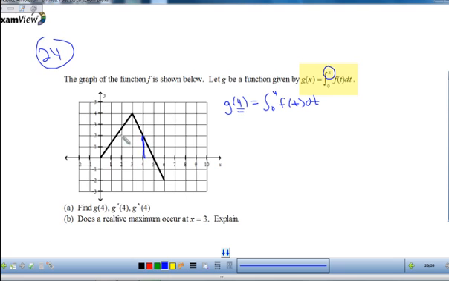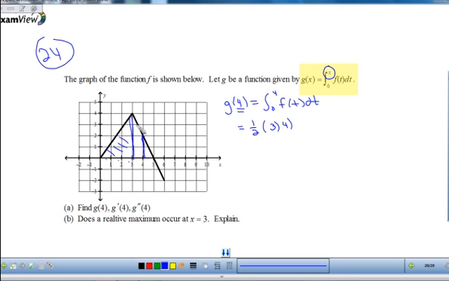So there are different ways I can do this. Here's a triangle, so it's going to be 1/2 the base times the height.